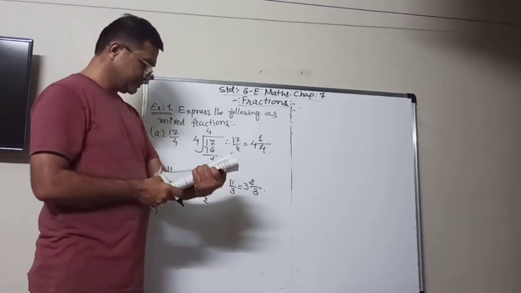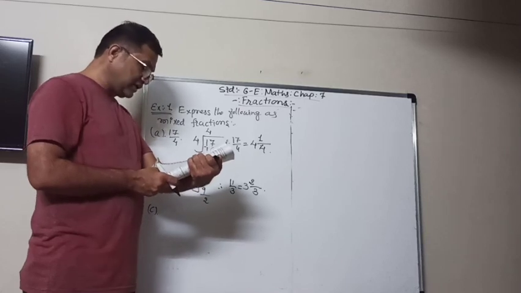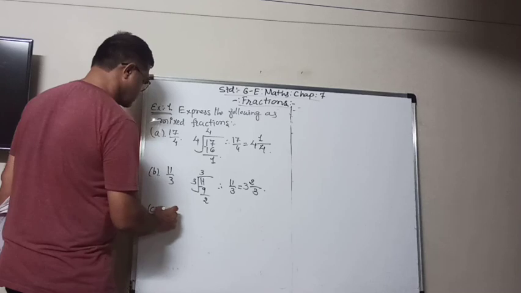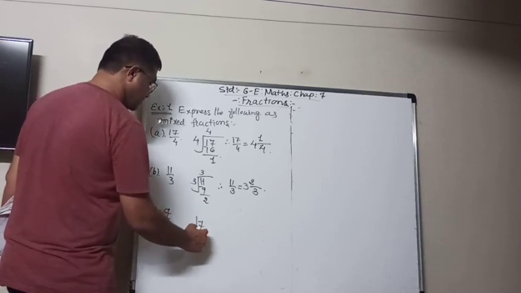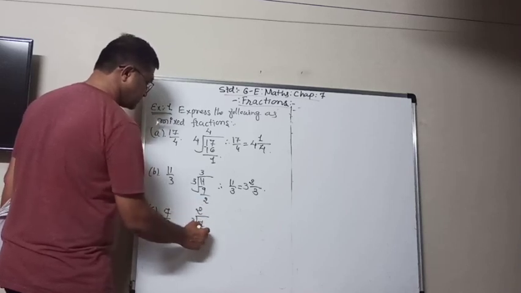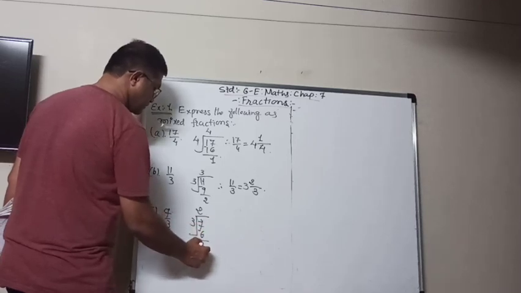Let's take the C. Here 7 upon 3. So now 7 divided by 3. 3 2s are 6. 7 minus 6 is 1.